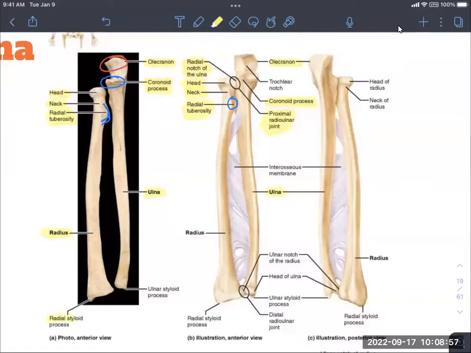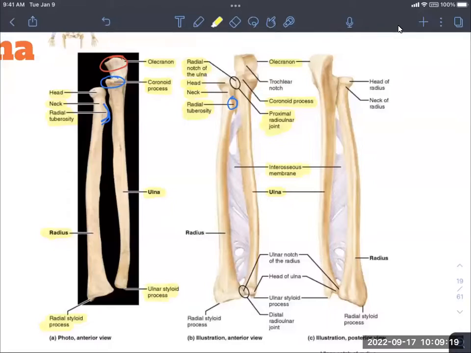So we have that radial styloid process at the bottom, and we have an ulnar styloid process. And as we talked about, between the radius and the ulna all the way through, we have this interosseous membrane that helps to hold them together.